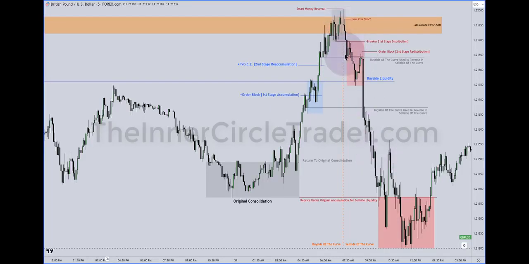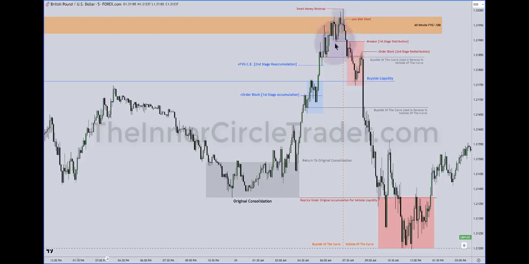Everything that was illustrated over here, now look what we're at. We're inside of the New York Open kill zone. We have a breaker. We have a bearish order block. All within what? The New York Open kill zone. This is also optimal trade entry. Right there. This right here is model 2022.